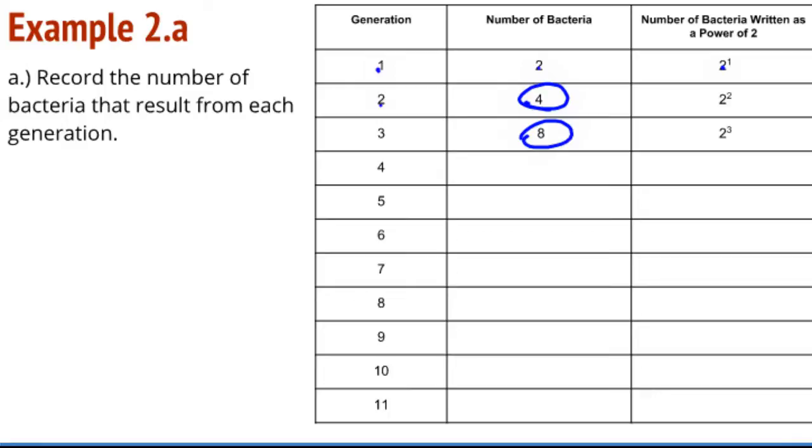And I've got 8, and they all split, and now I've got 16, which would be represented as 2 to the 4th. Now all 16 of them split, and that turns into 32. So that's 2 to the 5th. So go ahead and complete out your table here. I'm not going to sit and do all that for you, but go ahead and finish out your table here, noticing we're multiplying by 2 each time we go.